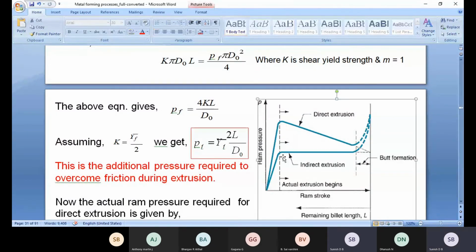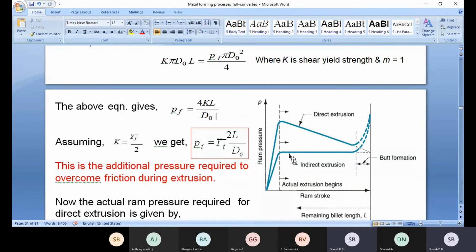See here by using this graph, this one is the indirect extrusion process curve, this one is the direct extrusion process curve. Okay, along the y-axis you can consider ram pressure or force, along the x-axis you can consider stroke.